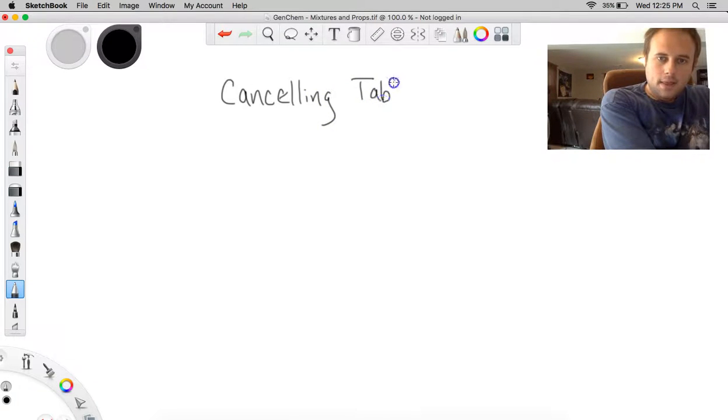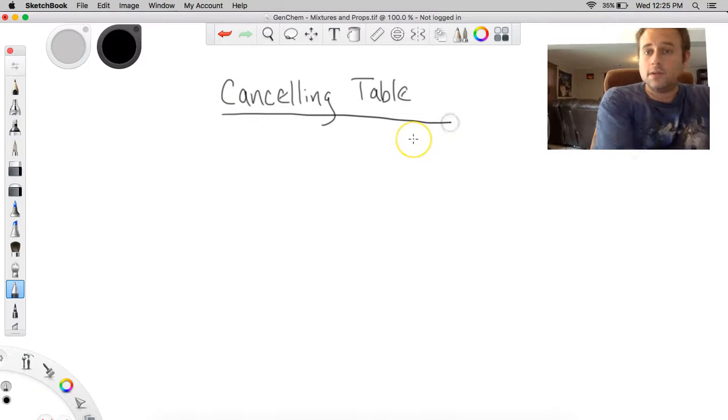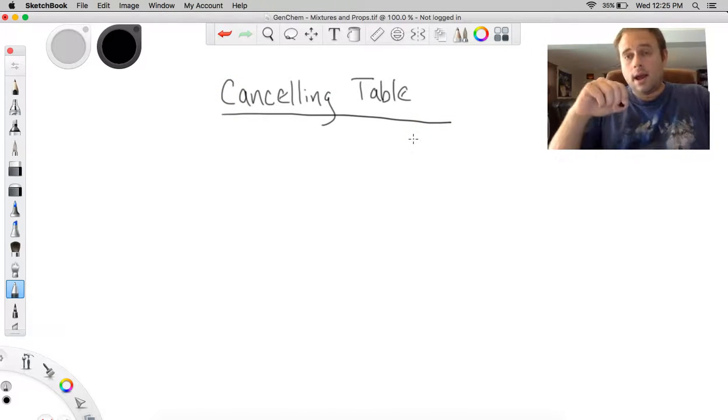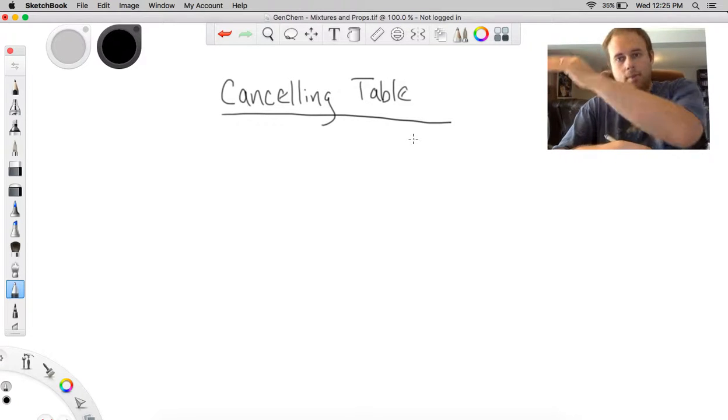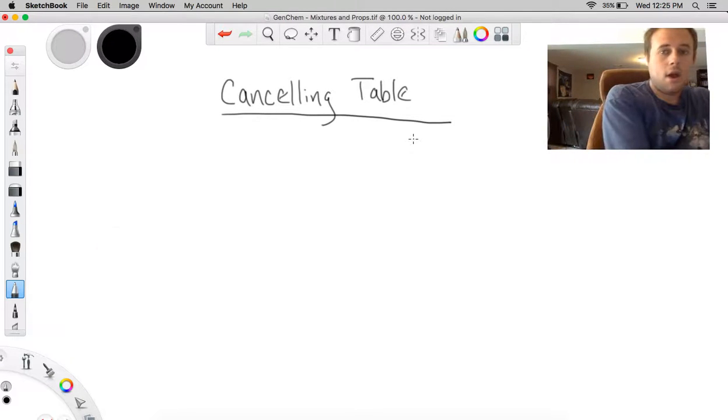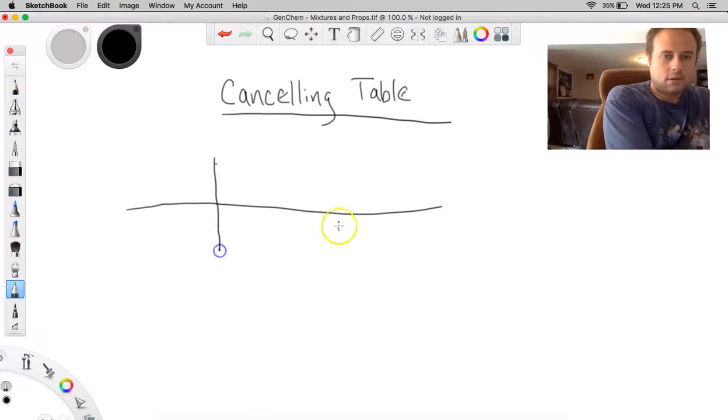This is the easiest way to do this, in my opinion. I still use them as an instructor. Now, many instructors, and these technically are canceling tables, are going to take fractions. They're going to take one and multiply it by another fraction, multiply it by another fraction, and keep going on like that. All I'm suggesting is that you set this up in a simple table fashion, like this, right?